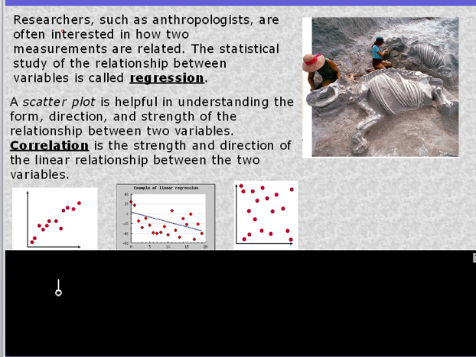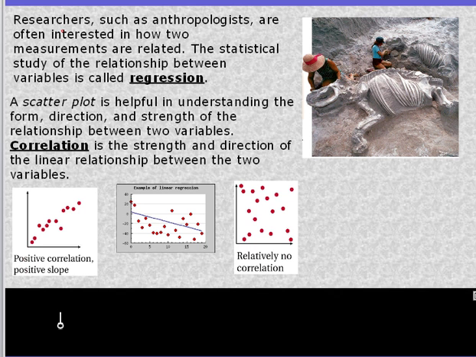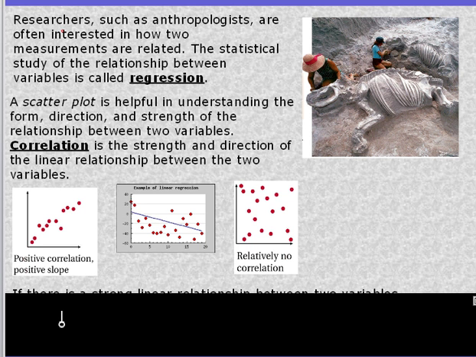So here are the correlations that we're interested in. You can see this roughly looks like a line going upward. Since it's an upward line, it has a positive slope. This one is not nearly as tightly related as the first one, but you could kind of fit this line in between the data.